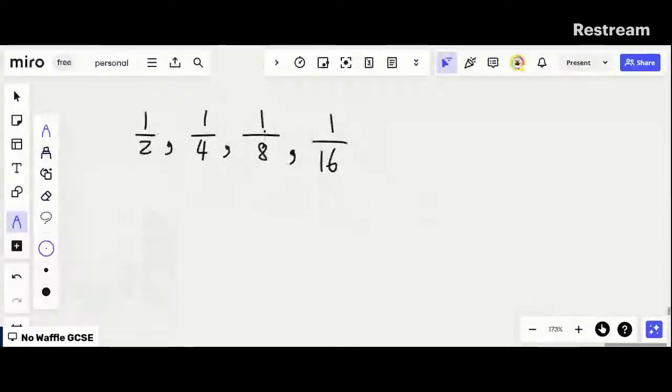Well, you can see it's always 1 at the top, but then at the bottom you've got 2 to the n minus 1. Now, you should know this from your geometric formula, which is always a r to the n minus 1. So a is the first term, r is the common multiplier, and then you've got n minus 1. So that would be the nth term for this sequence.